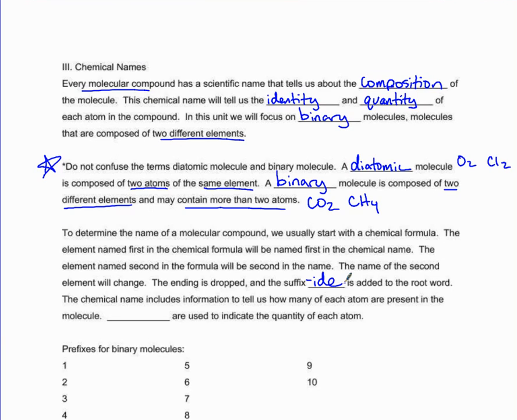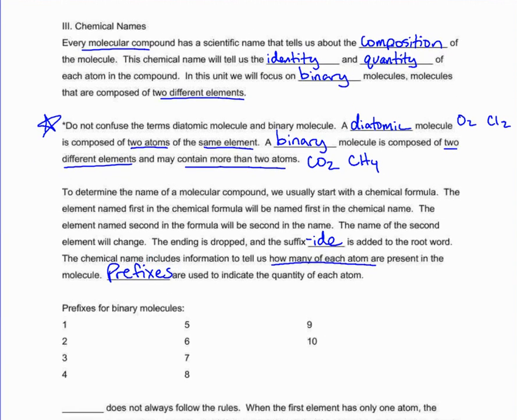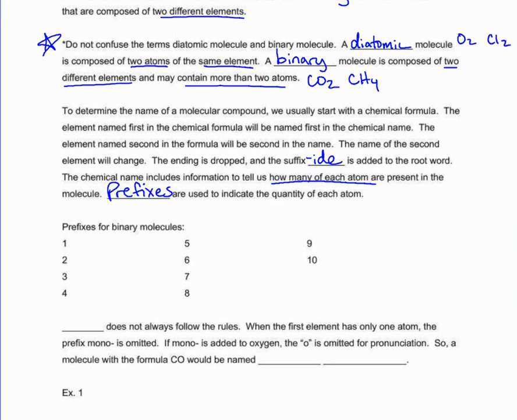The chemical name is also going to give us more information this time around. It includes how many of each atom are present in the molecule. To do this, we're going to use prefixes. So here are the prefixes for binary molecules. When we have one of a given molecule, its prefix will be mono.